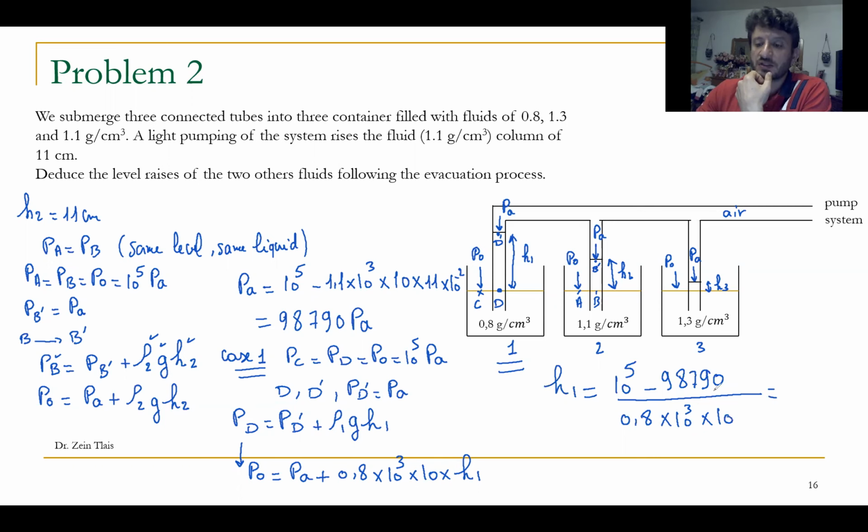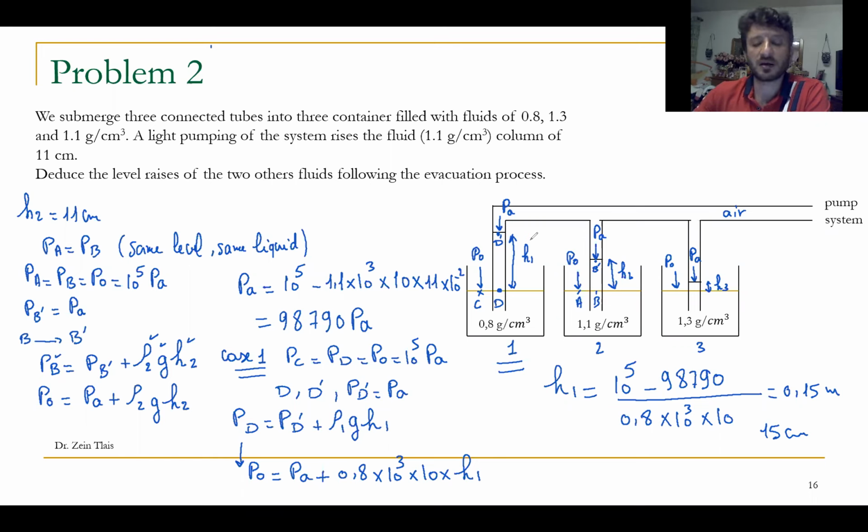We get H1 equal to 0.15 meter, or 15 centimeter.